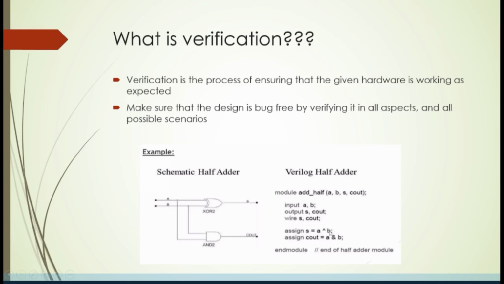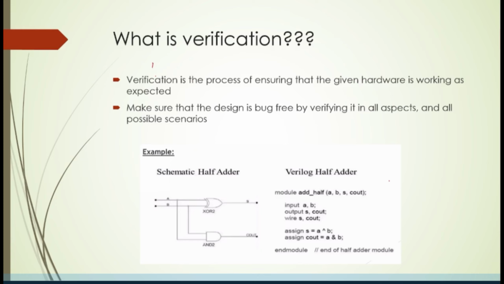You will be manually passing the values, is it or not? Like a equal to 1, b equal to 1. Then after two time units, #2, a equal to 1, b equal to 0. After #2, a equal to 0, b equal to 1.